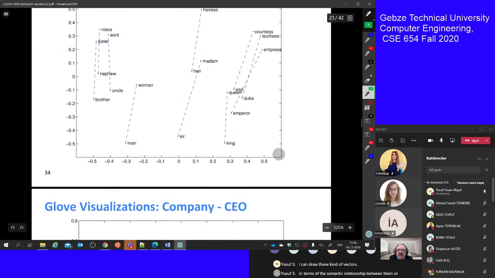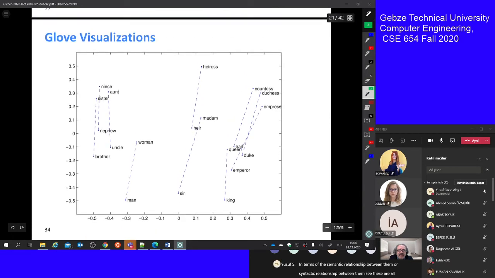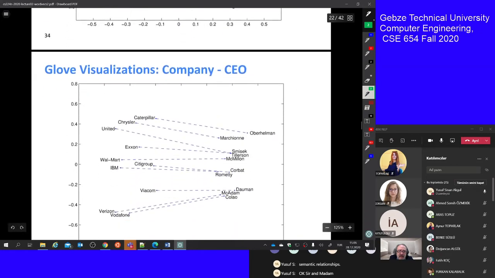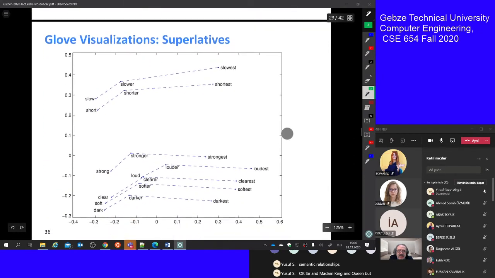See, these are all semantic relationships: sir and madam, king and queen. But these are syntactic relationships. Superlative: slow, slower, slowest, short, shorter, shortest.